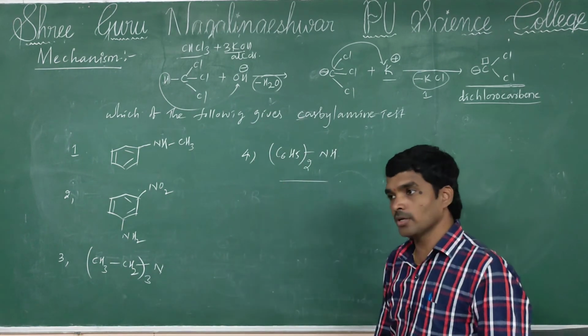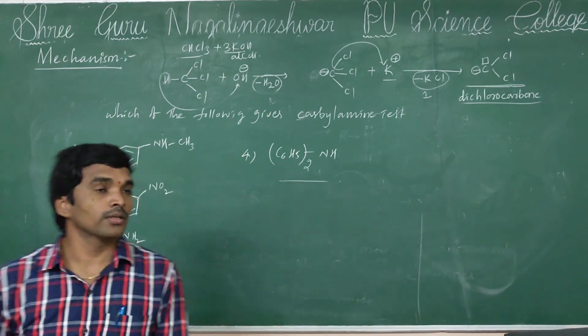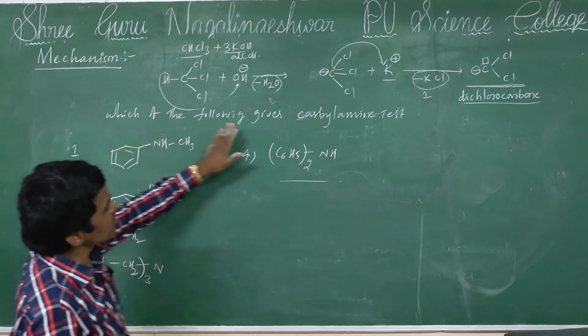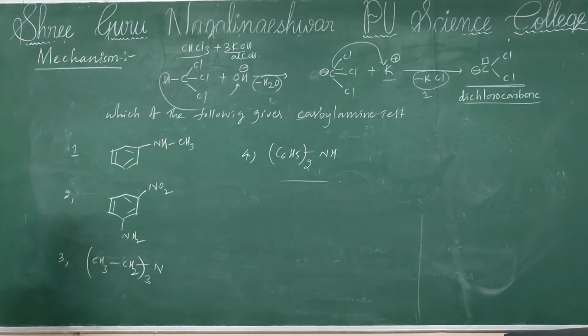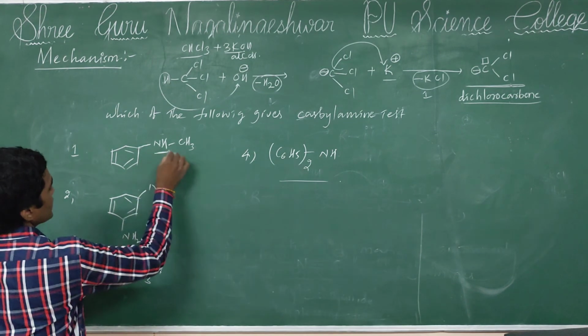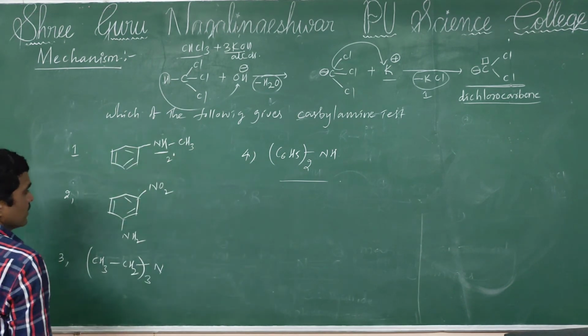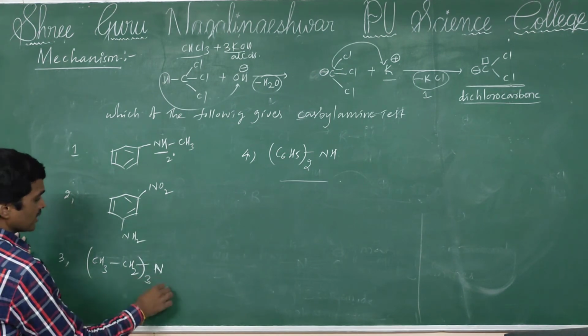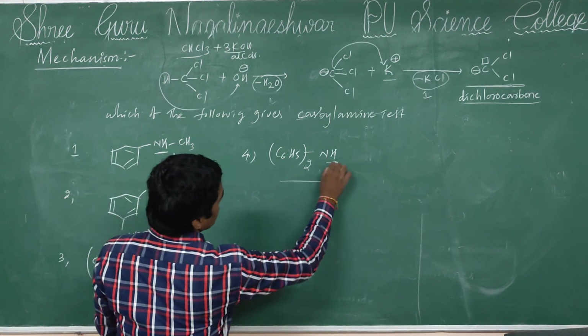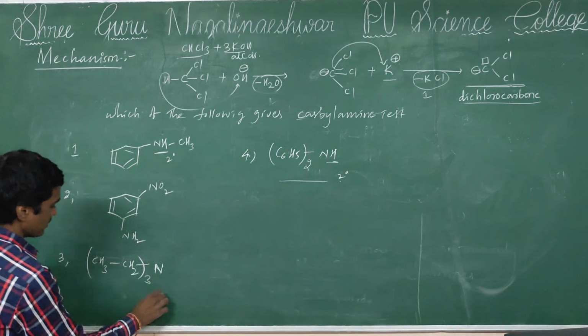In the given four options, here NH means secondary amine, here tertiary amine, here also NH secondary amine, and here tertiary amine.